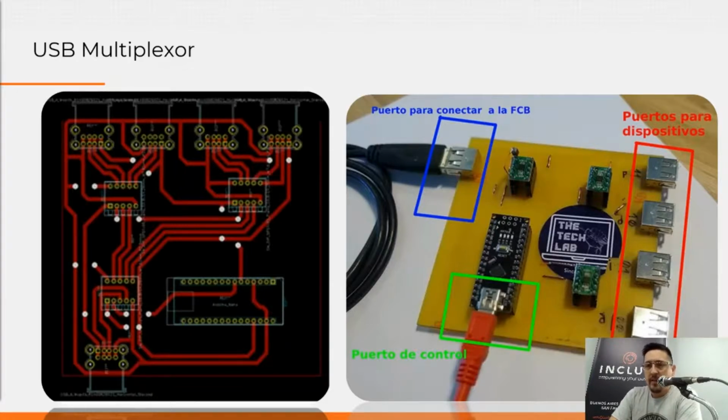What this USB multiplexer does is, by a command line, we can select which port we need to connect to the car. This allows us to run all these test cases in the continuous integration environment, because when we need to, for example, execute the test cases on a USB pen drive, we just select the port where the pen drive is connected and we start the execution of the test cases.